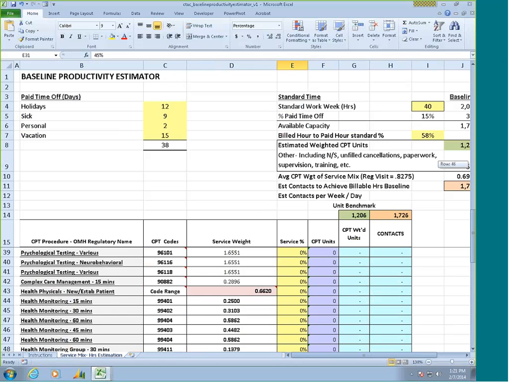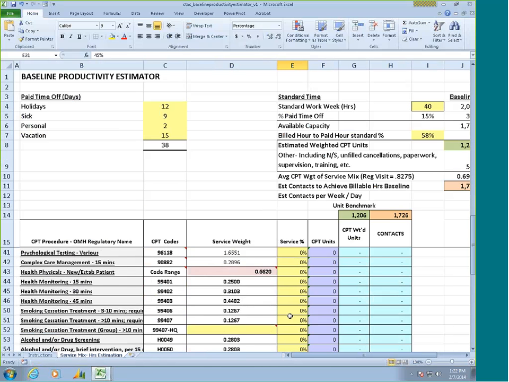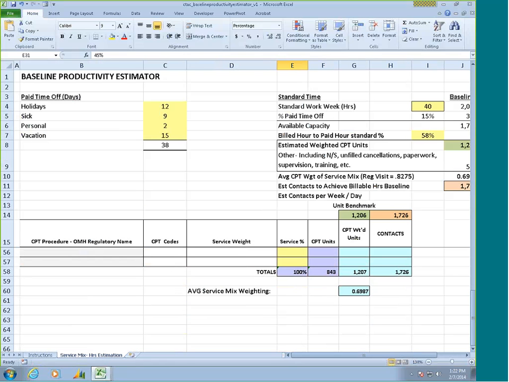They do 50% of their units in 30-minute individual, 45 here, and 5% in group. You'll see that that's 100% of their services. That generates 1,200 CPT units, and that would require 1,700 contacts.